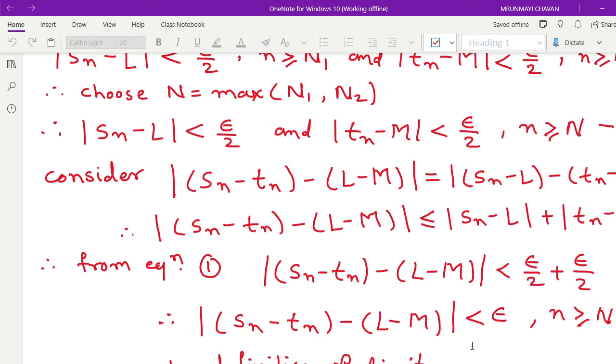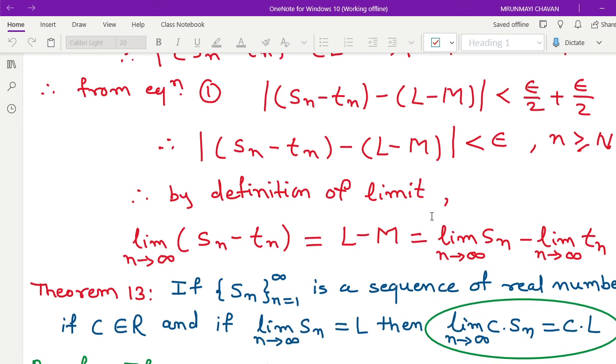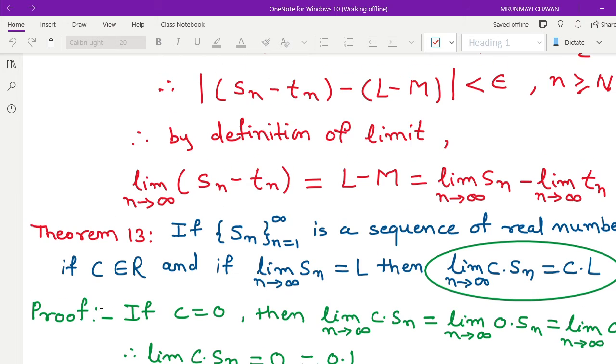Therefore this modulus is less than epsilon for all n greater than or equal to capital N, and by definition of limit we can say that the limit of Sn minus Tn is equal to L minus m. L is nothing but the limit of Sn, m is nothing but the limit of Tn, therefore the limit of Sn minus Tn is equal to the limit of Sn minus the limit of Tn. We have proved this.